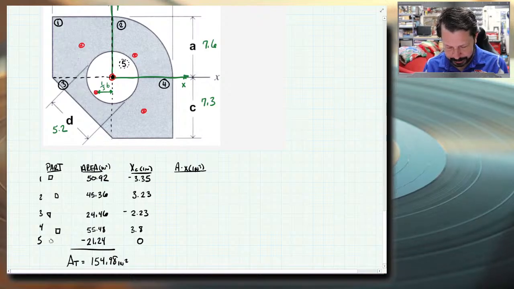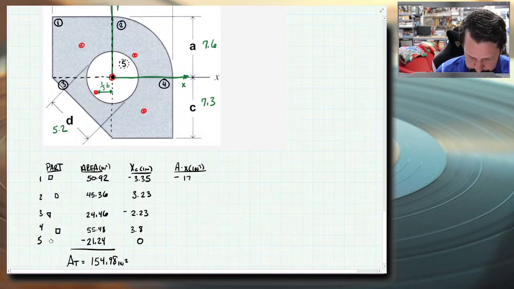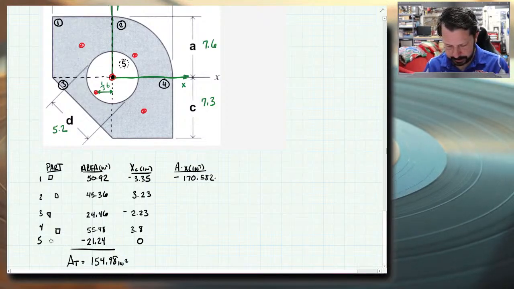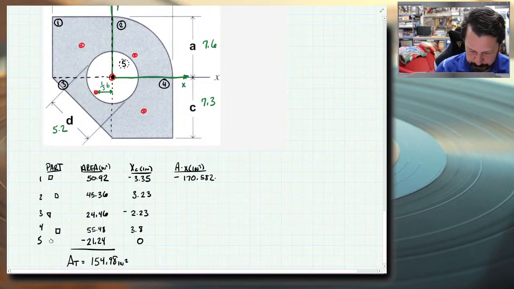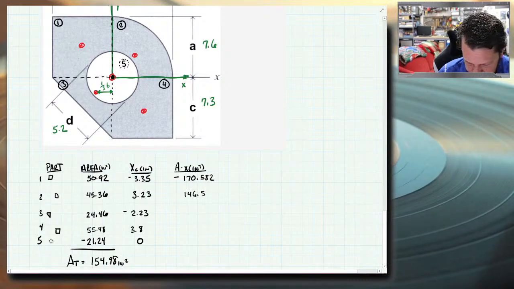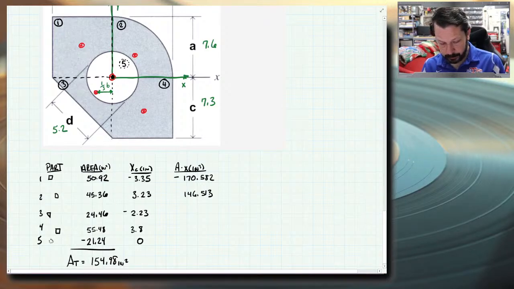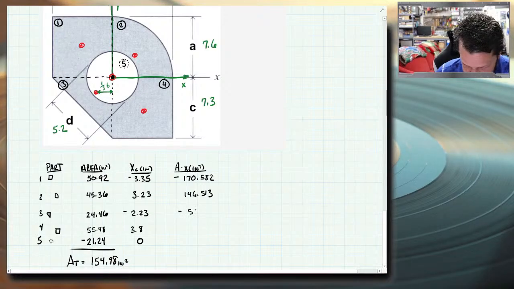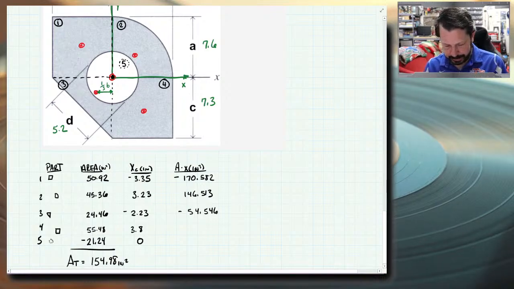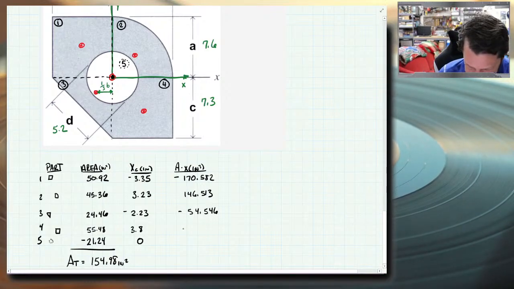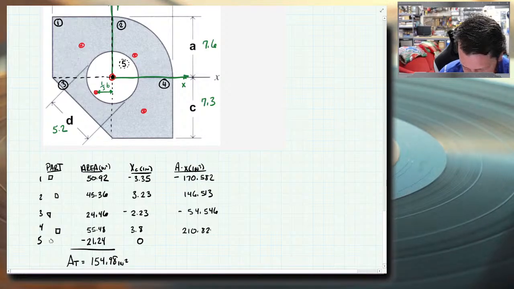So 50.92 times negative 3.35 is negative 170.582. 45.36 times 3.23, positive 146.513. 24.46 times negative 2.23, negative 54.546. 55.48 times 3.8, positive 210.824. 0 times this one is 0.